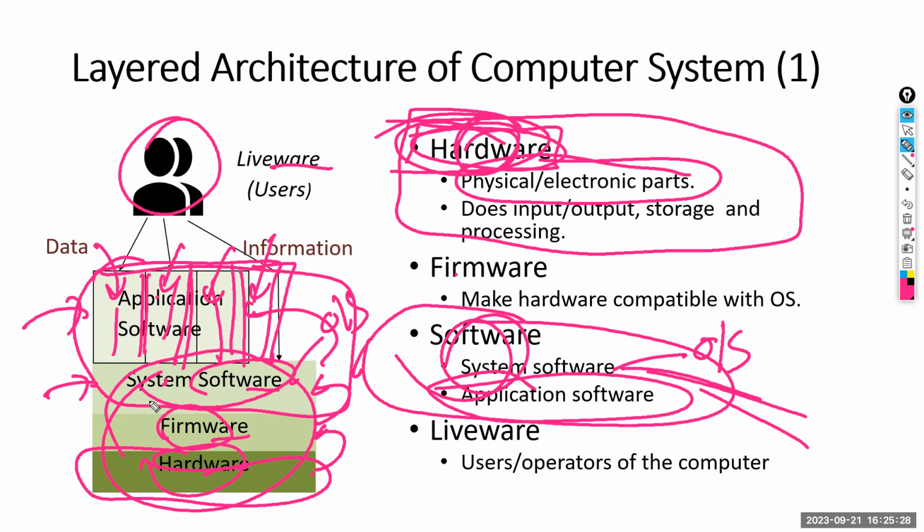And in between the hardware and the software, specifically the system software, we have the firmware. Remember, hardware means hard, physical things. Software means just soft programs. Firmware is technically also software. Then someone will ask, why do we call it firmware? Firm is a little bit closer to hard.